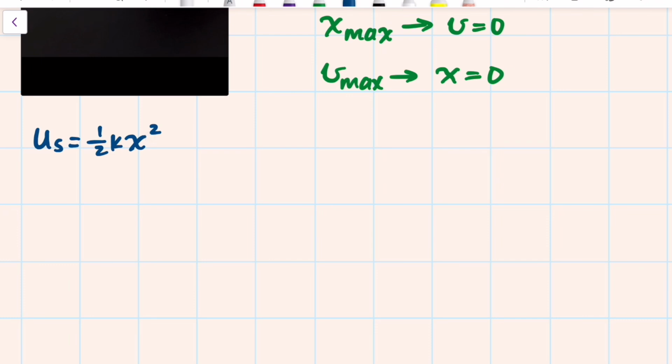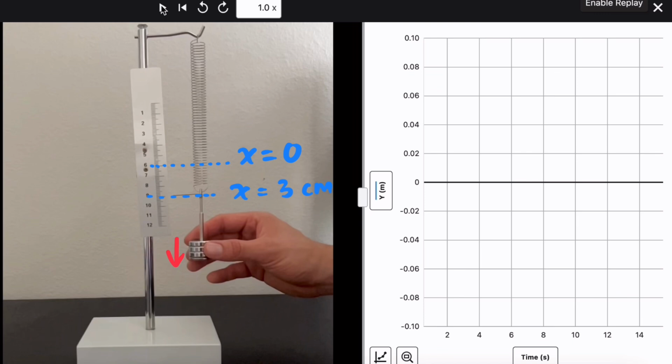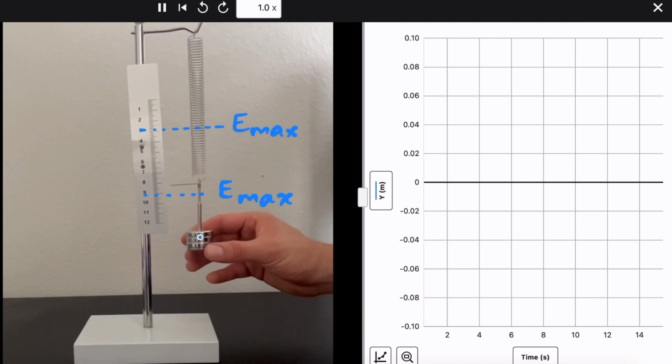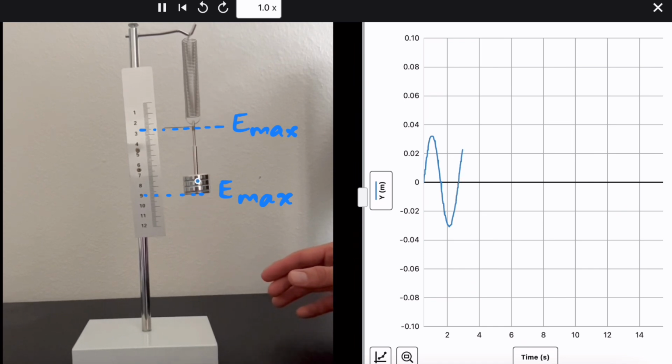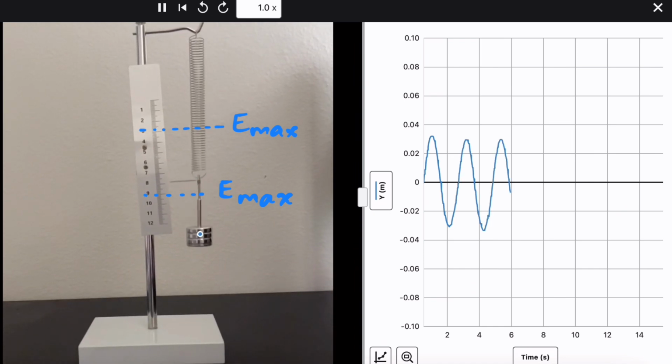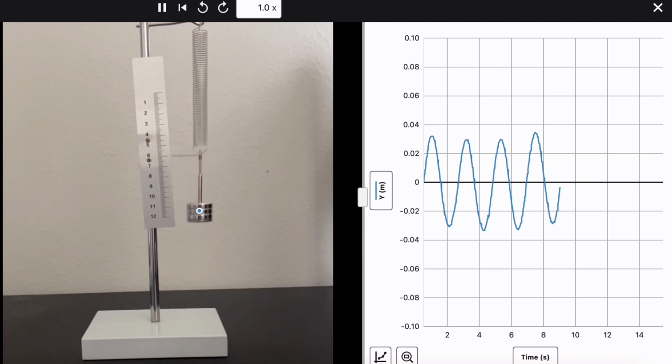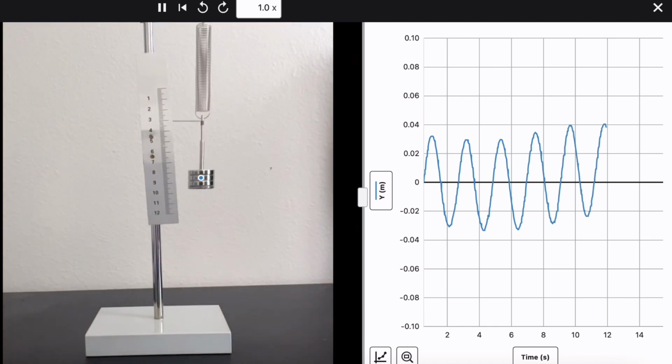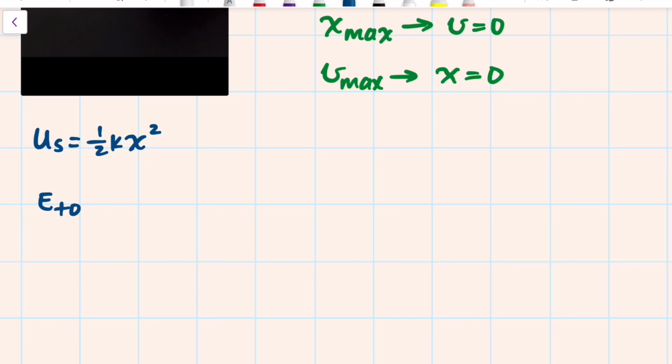Now let's think about the motion again. When I'm pulling down to its maximum displacement, right before I release, if we were to measure the energy of the system at that point, that would be its total energy. So we can start with the regular energy conservation relationship. The total energy of the system is a combination of kinetic energy and elastic potential energy. But now the total energy is based on the amplitude I give this mass on a spring as I pull it down.